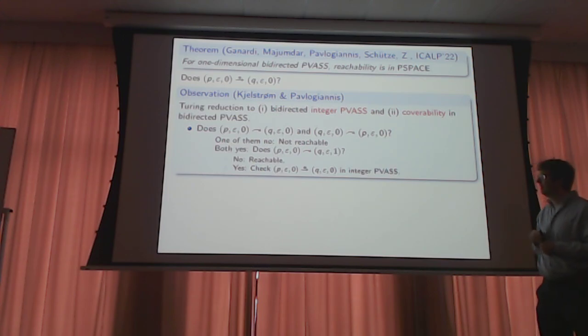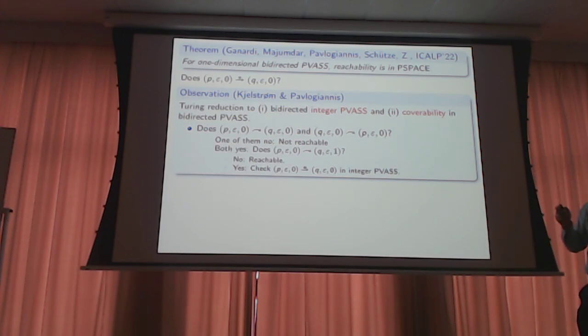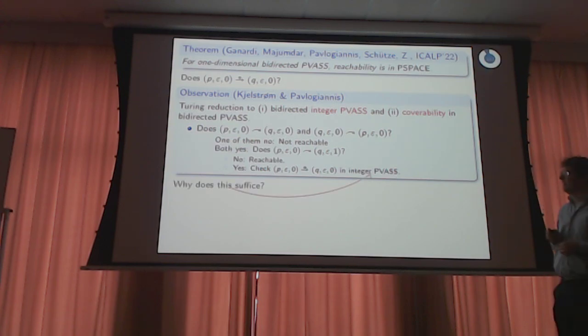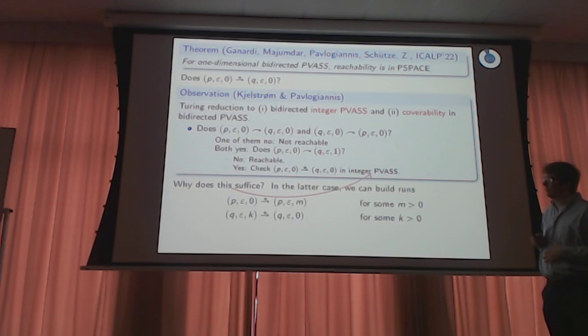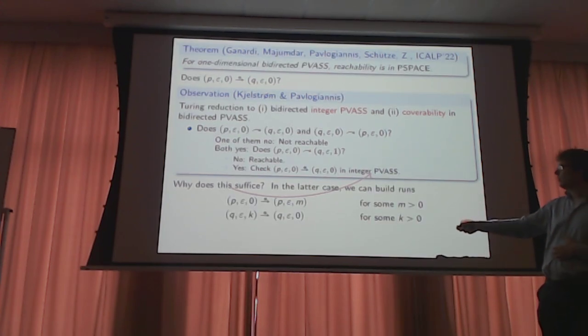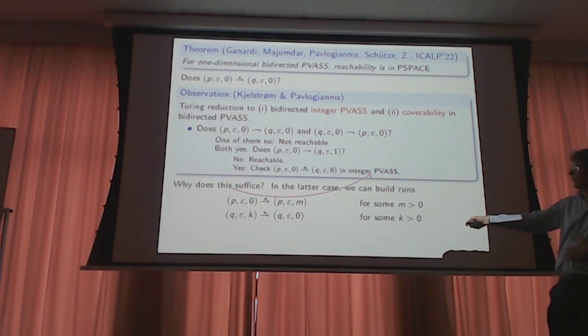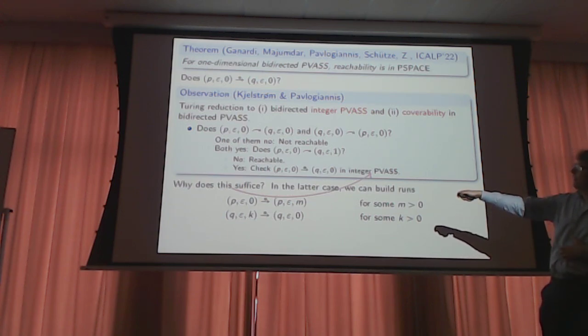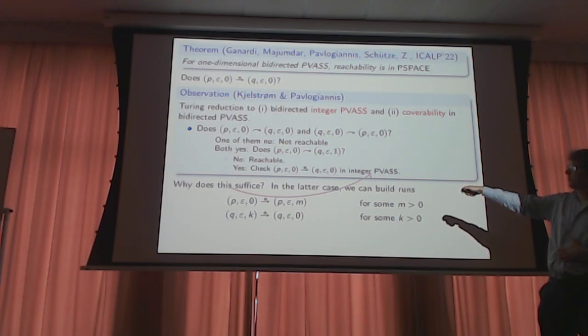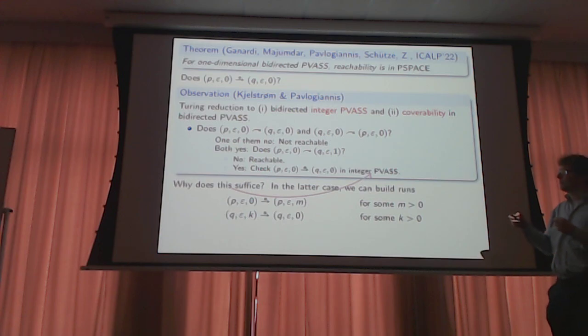And why is that? This last part is the argument that fails in general PVAS, otherwise we would have decidability. Why does this suffice to check integer PVAS reachability? Well, because we did all these checks, we know that since we can cover from P0, we can cover Q1, that means we can go from P to Q by increasing the counter.